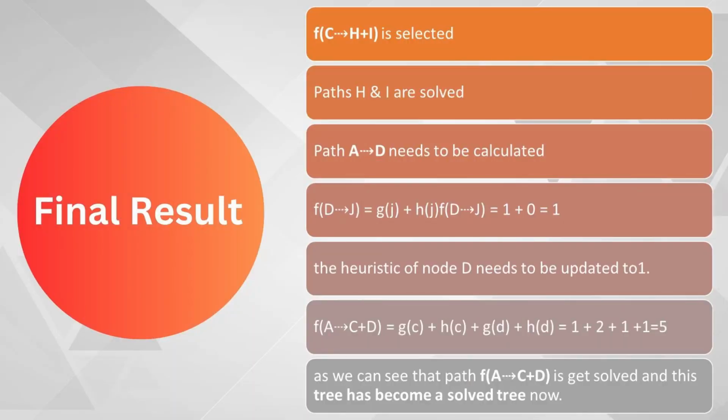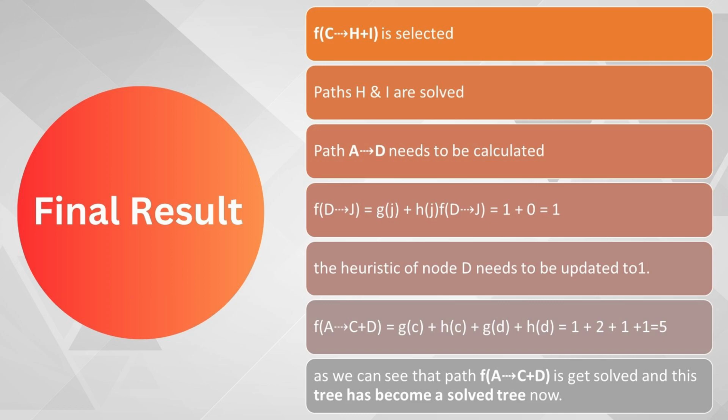F of C to H plus I is selected as the path with the lowest cost, and the heuristic is left unchanged because it matches the actual cost. Paths H and I are solved because the heuristic for those paths is 0. But path A to D needs to be calculated because it has an AND.